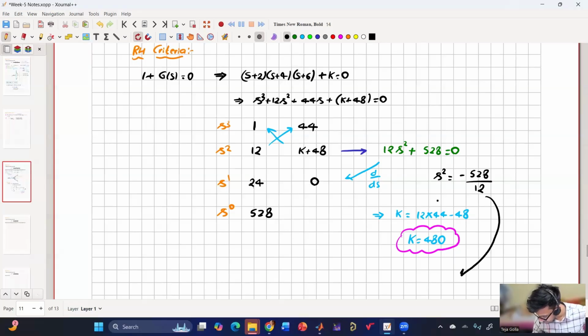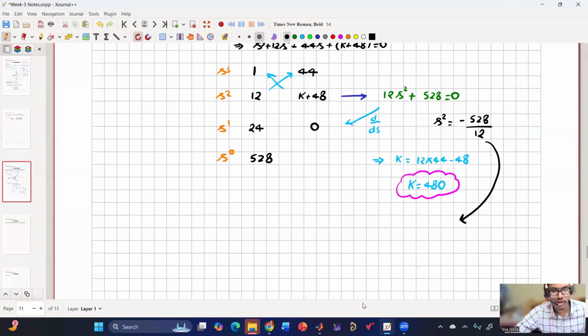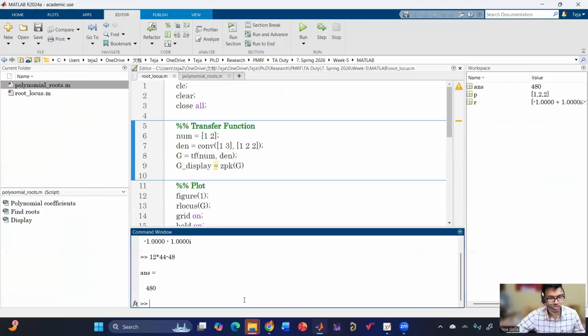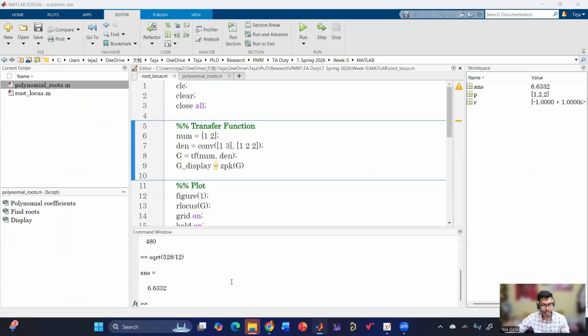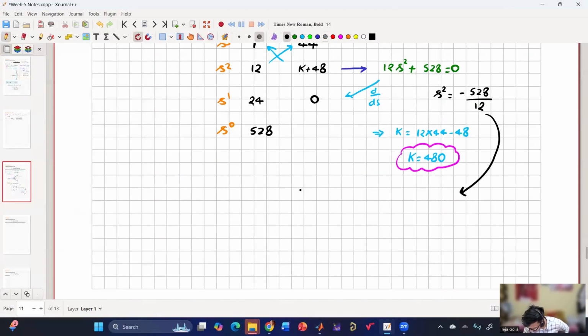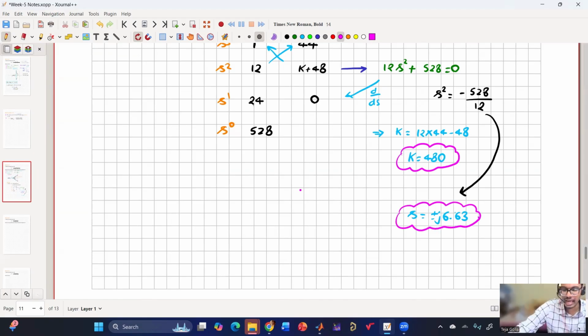So now if I calculate this, I'll get the square root of 528 by 12, so it is 6.63. So my s is equal to plus or minus j 6.63. So at gain 480, my pole is on the imaginary axis and its value is 6.63.